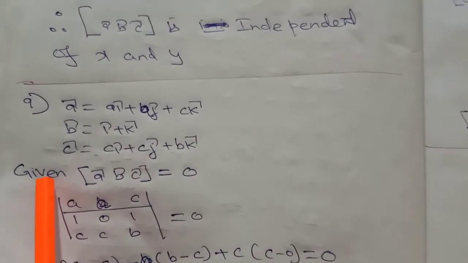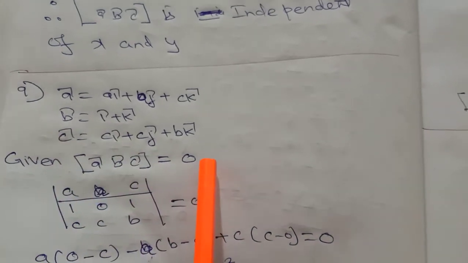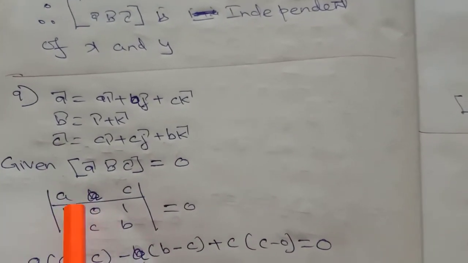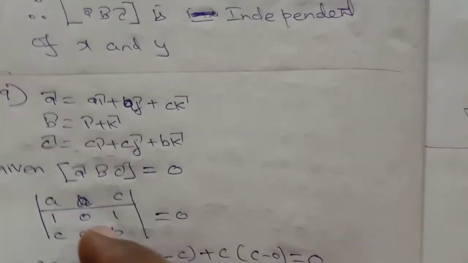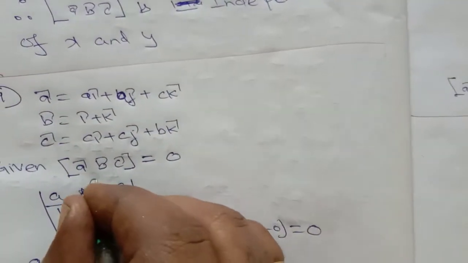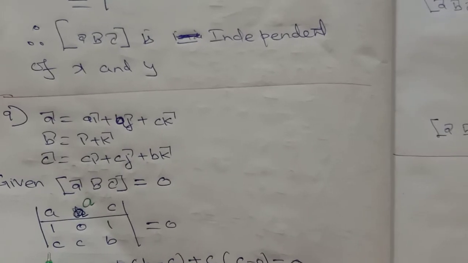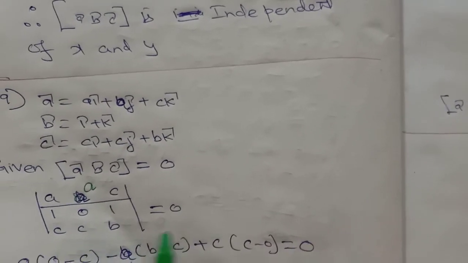Given that they are coplanar, the box product ABC equals 0. So you are getting the determinant a a c, 1 0 1, c c b equal to 0.